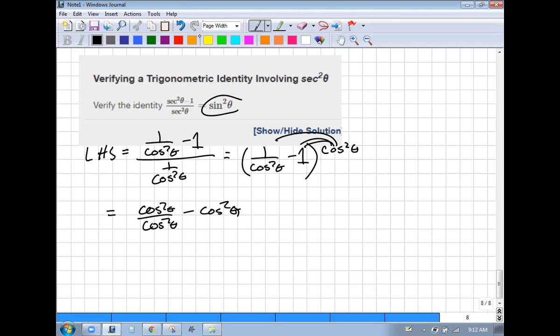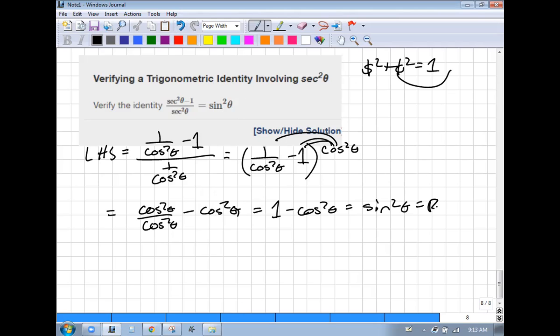This is just one. And now I say, oh, because sine squared plus cosine squared is 1, if I move this over here, I see that this is just sine squared, which is the right-hand side.